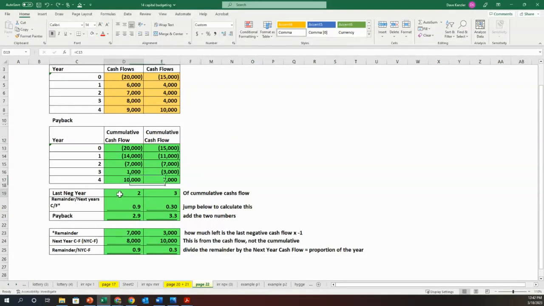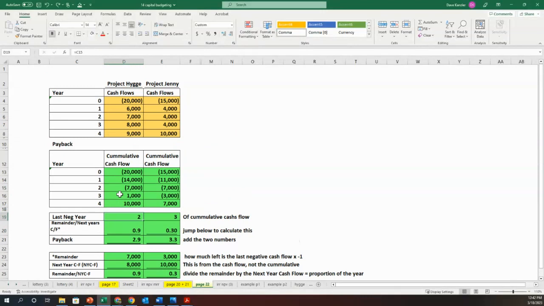We take the last negative year of cumulative cash flow. So in the case of Project Yuga, the last negative year was 2 of cumulative. So year 2 was negative, year 3 was positive. So I just linked to year 2.